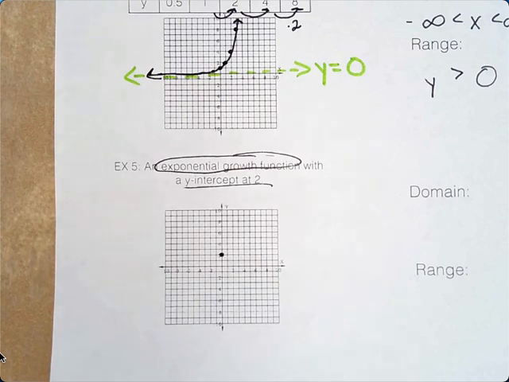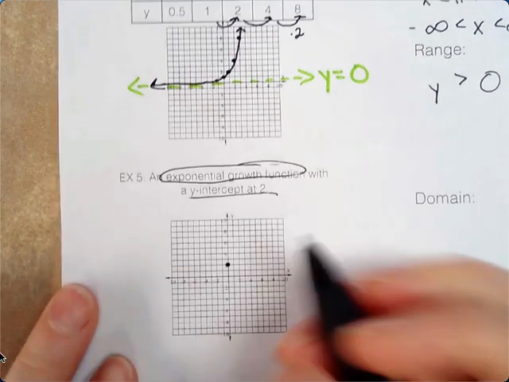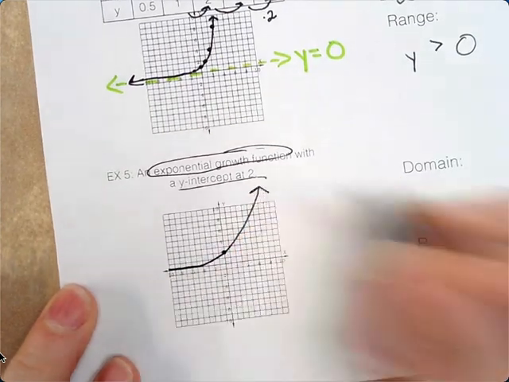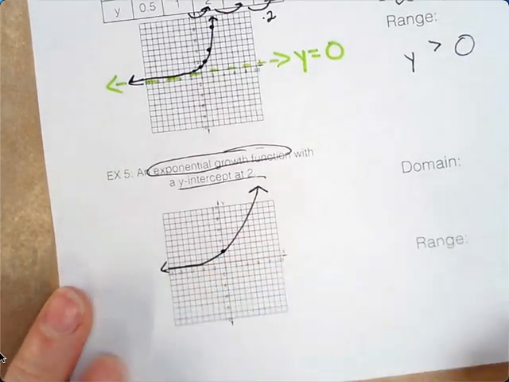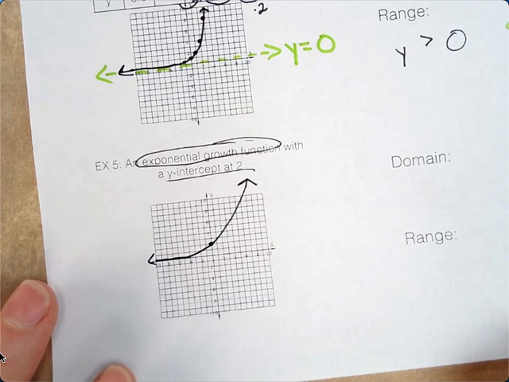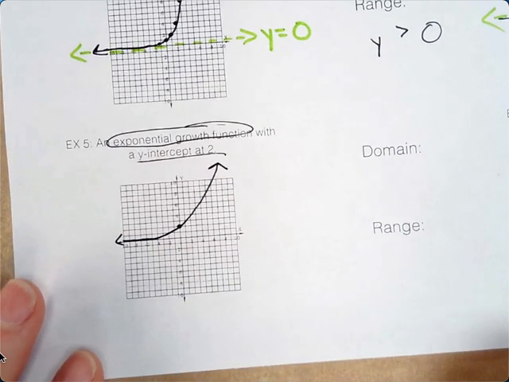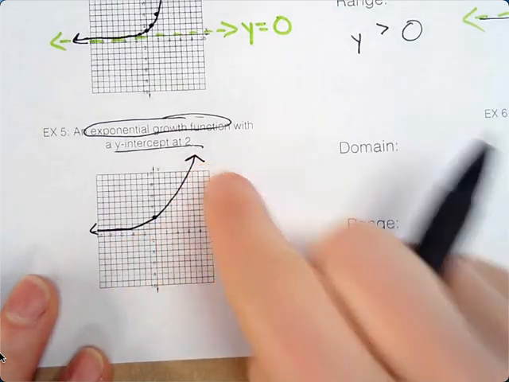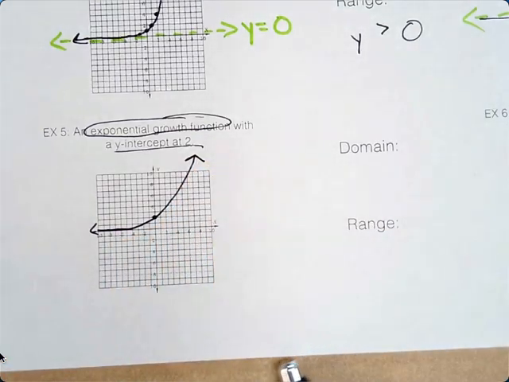Yeah, it's going to go up. So it'll start down low and it'll go up. And we don't know how it actually looks, but it's something like that. We know it's at 2, but it's a growth function.